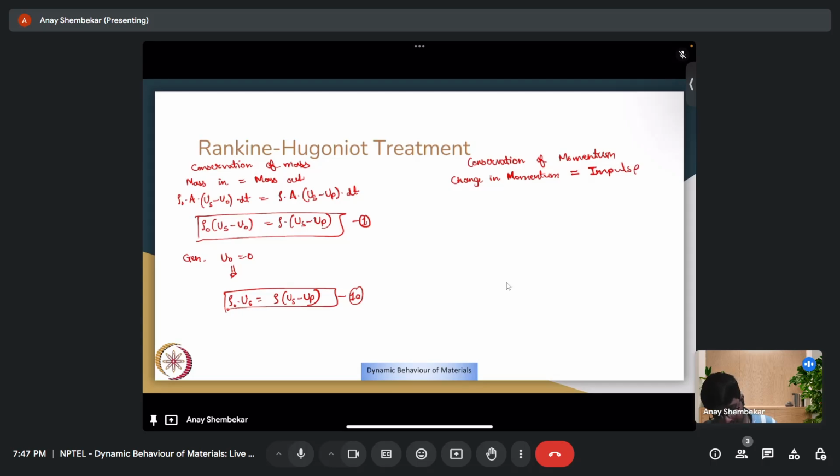So my final momentum is rho A us minus up into dt, which is basically my dm, into my particle velocity up, minus rho naught A us minus u naught dt, again the same mass with an initial velocity u naught, equaling the impulse.